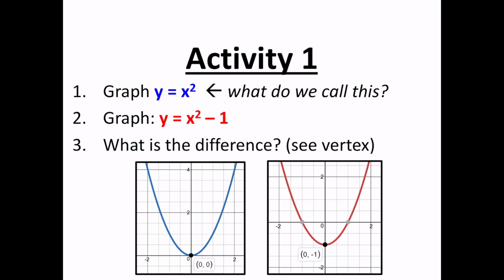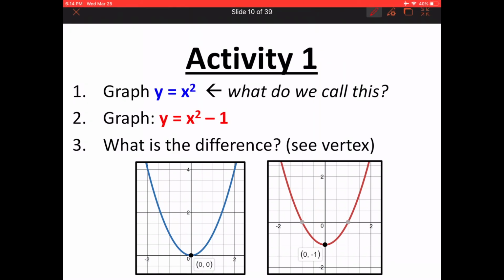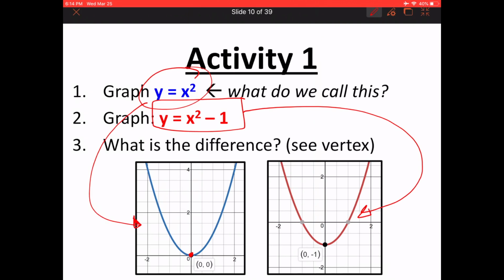Let's look at our second example here. So we graph our parent function, y equals x squared. We get this graph with the vertex at (0, 0). We graph our second function, and we end up with this graph. Again, to see the difference, let's find that vertex. In my second graph, notice the vertex has now gone down 1.